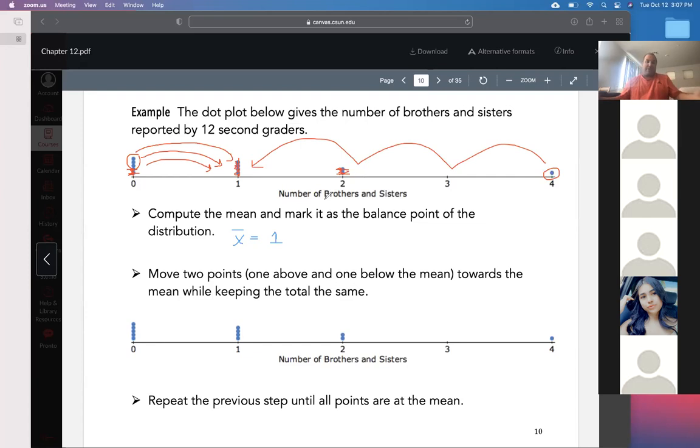And therefore, by the balancing approach, you can get them all at the 1 location with equal number of moves to give an indication of why the mean, the balance point, is at 1.